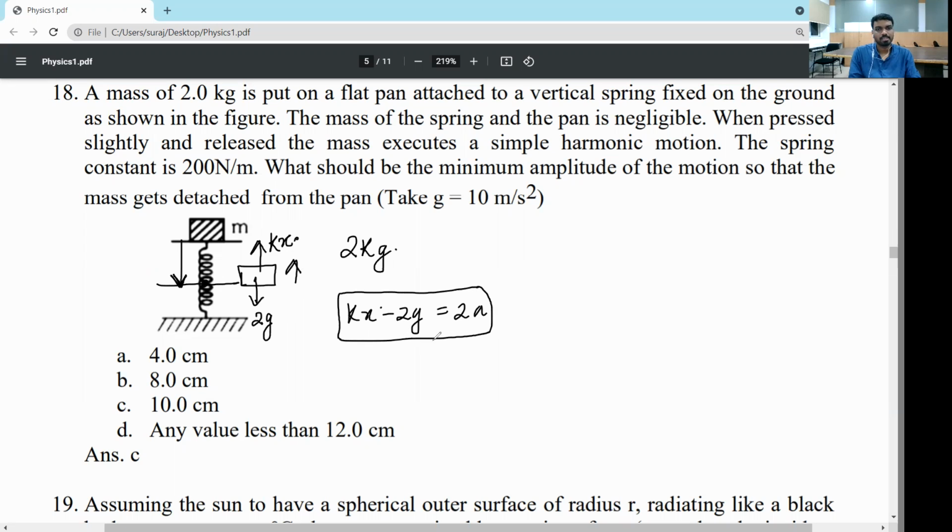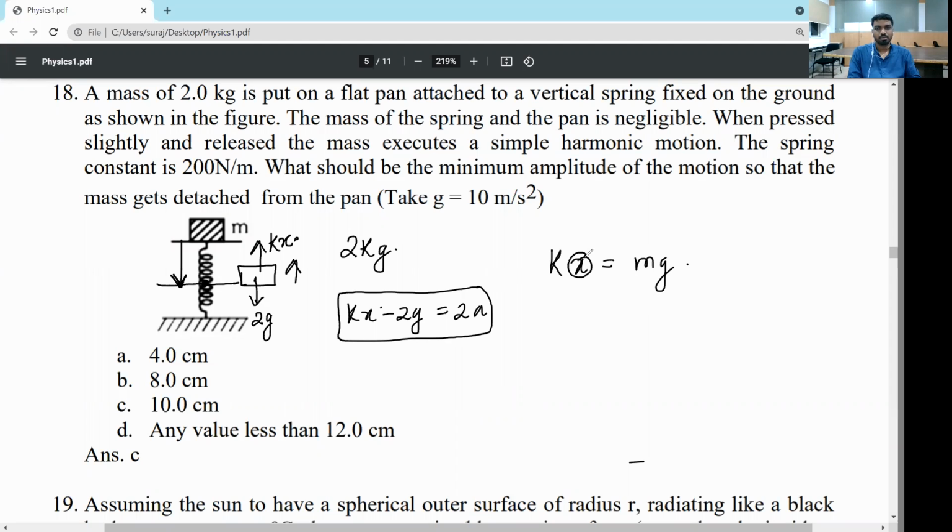Net force equals mass times acceleration. So what is happening here? k times x should balance out mg.